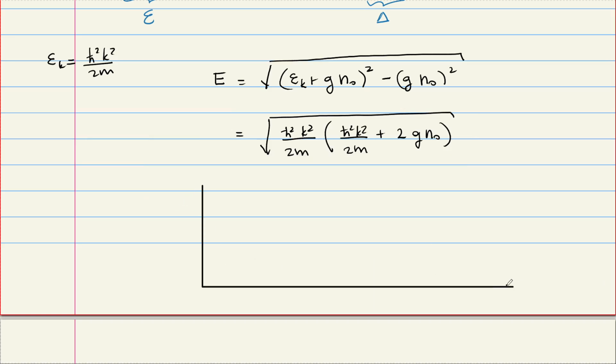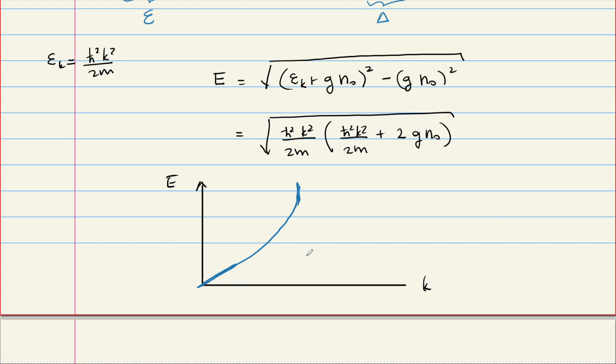So here's my E, this is my k. Initially I have this linear branch, but as k becomes much larger, you can drop this and it should turn into quadratic form. So it's turning into a quadratic function for larger k. But for us, the important part is here.